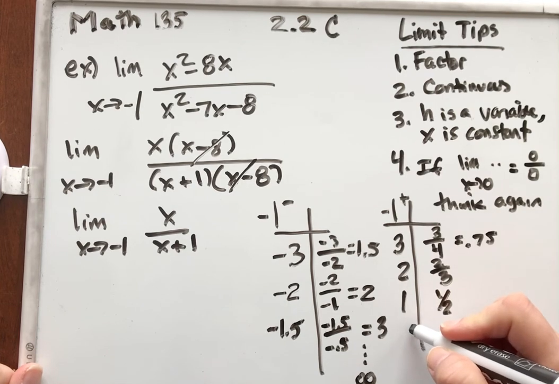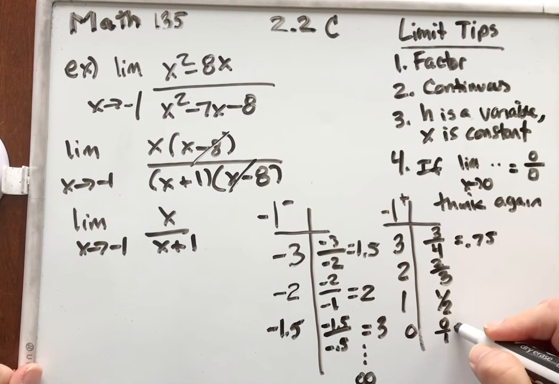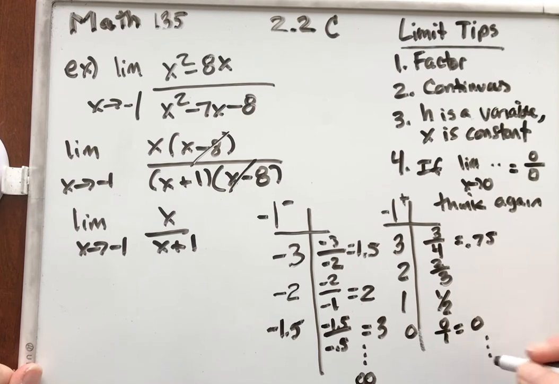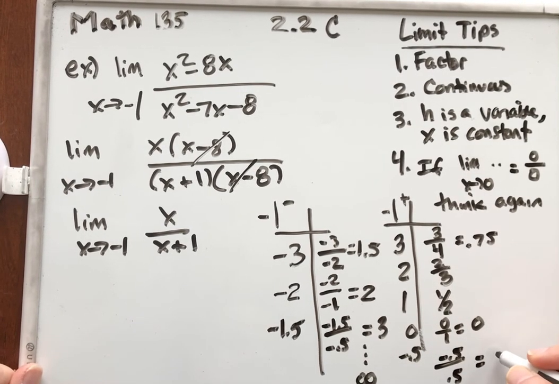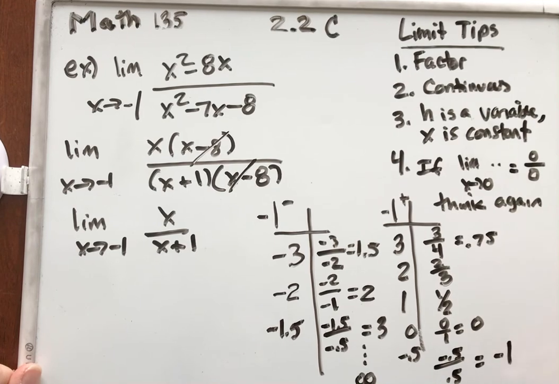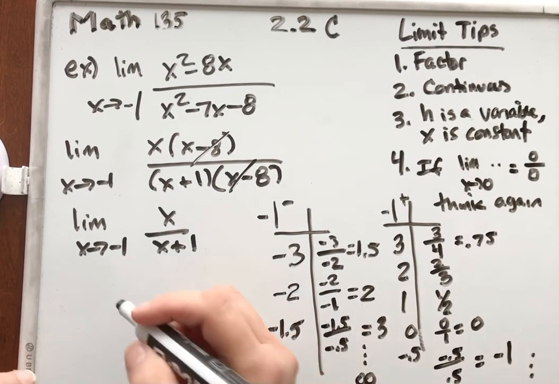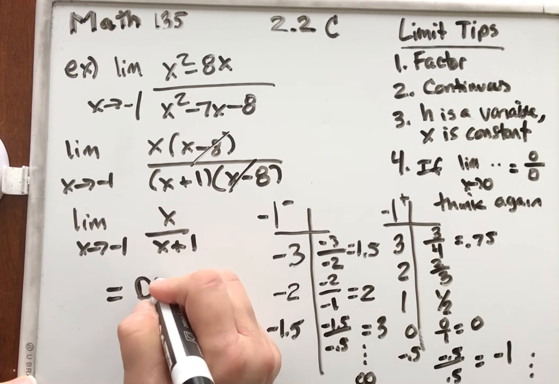Put a 0 in there, we get a 0 over 1, which is 0. If I put a -0.5 in there, will I go to infinity? -0.5 over 0.5 is -1. So yes, this is going to infinity. So this, we can say, does not exist.